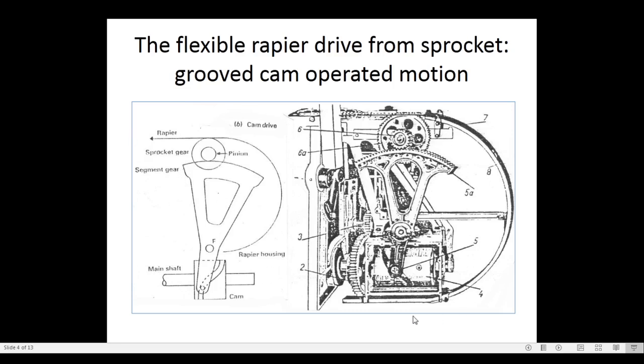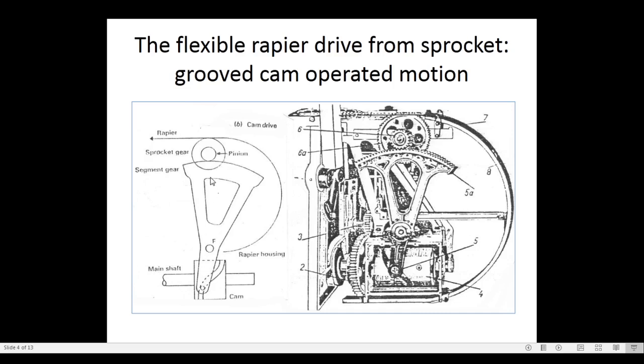We can see here it is fixed to the machine frame, and whatever the segment is there, the segment fulcrum is here, and the segment will move one time clockwise, one time anti-clockwise. And here the fulcrum is there. How is it moving? Because at the base of the segment the pin is there, and the pin will follow the path of the groove. So see here, as the main shaft rotates, the cam rotates, and the cam gives drive to the pin.